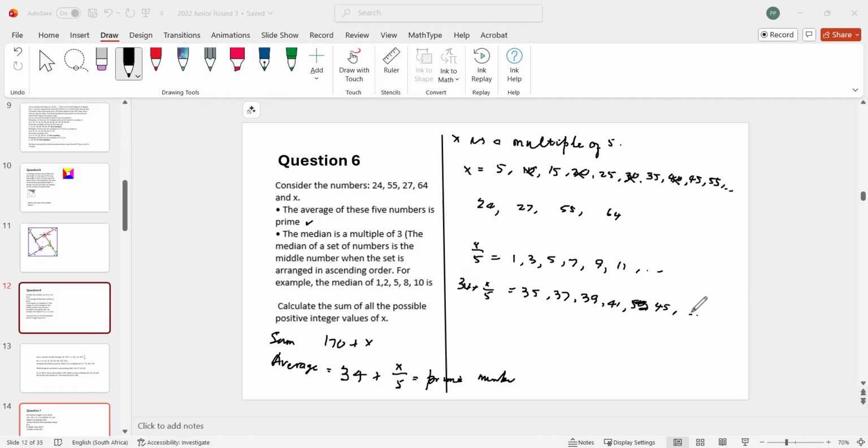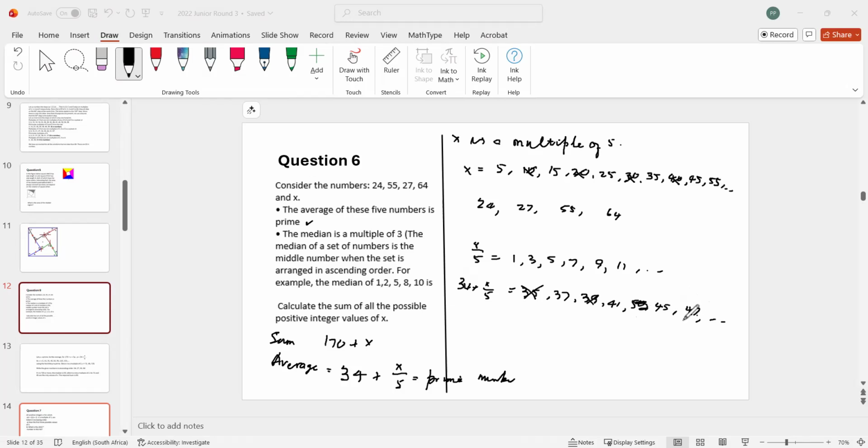34 plus 13 is 47, and 34 plus 15 is, all right, there are some other numbers here as well. Okay, but you want this to be a prime number, so you have to take that out. That's not prime.